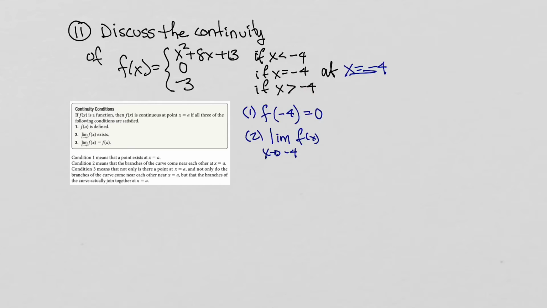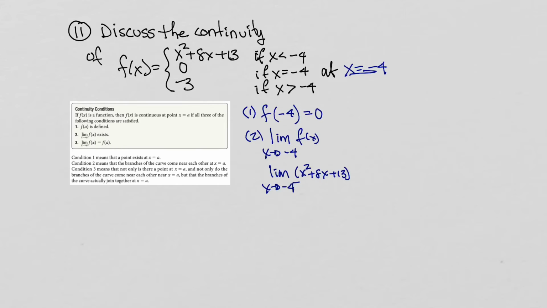We know what happens when we're to the left of -4. We use this piece, and we can determine what happens to the right of -4 using this piece. So let's take a look at the limit as x approaches -4 from the left. Since we're a little bit less than -4, we use this top piece of the function: x squared plus 8x plus 13.